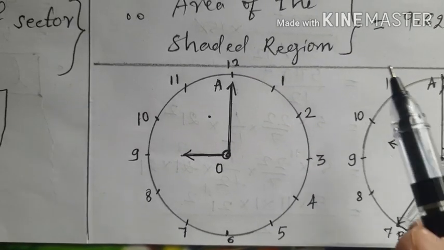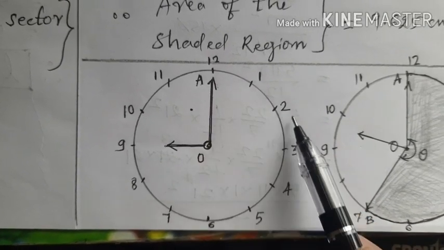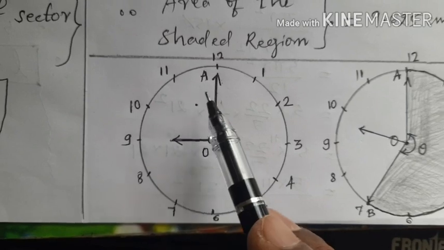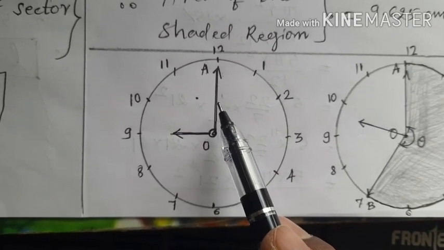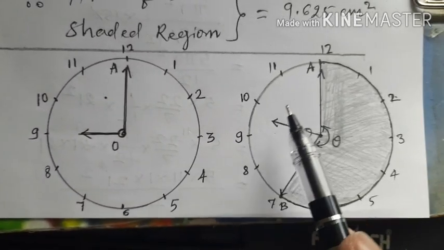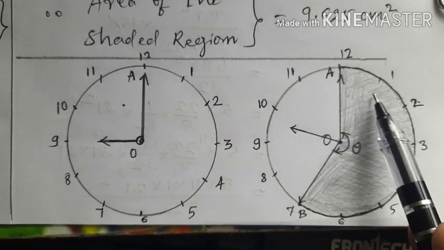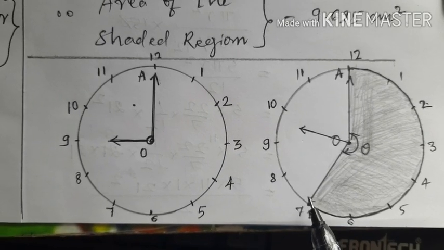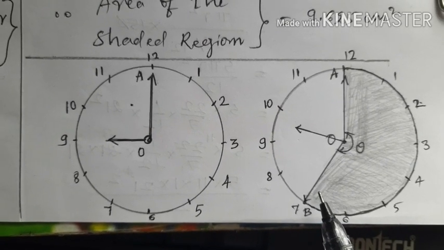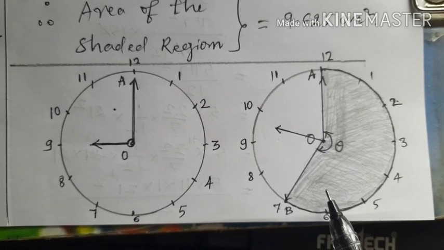That is, when the minute hand revolves one complete round, the sector angle is 360 degrees. But when the minute hand moves for 35 minutes, how much is the sector angle? That is what we have to calculate.